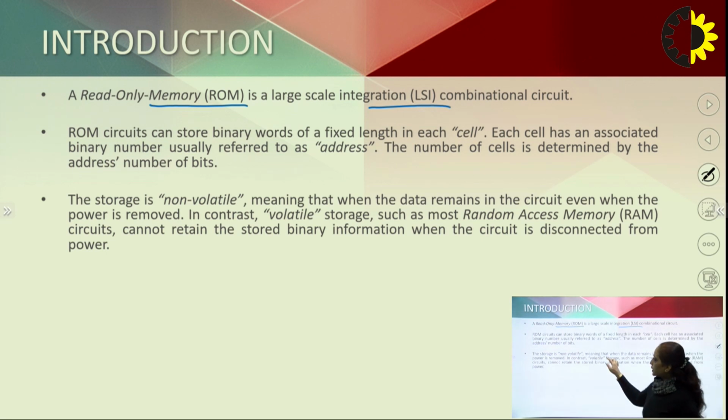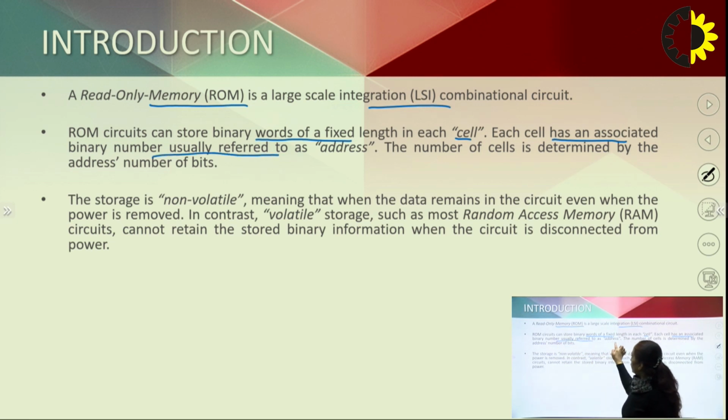So ROM circuits can store binary words of a fixed length in each cell, right? Each cell will be of fixed length, and we can store n number of bits in that. Each cell is associated with a binary number usually referred to as an address. Because this memory has n number of locations, we have to read or write data to one particular location.